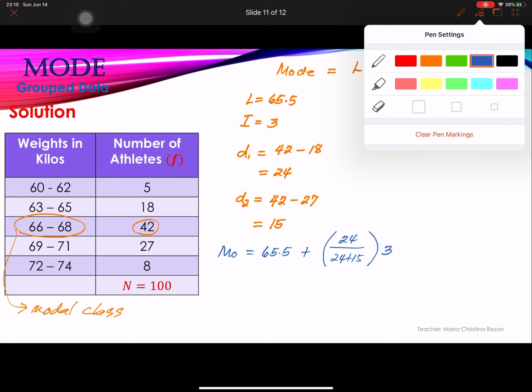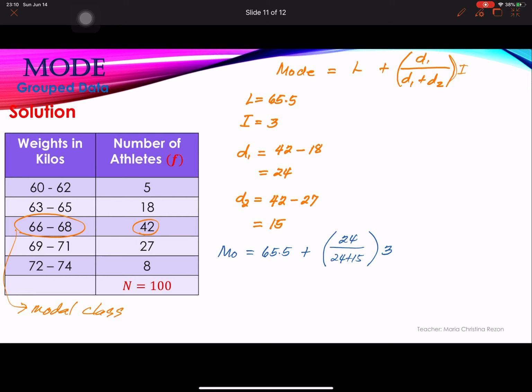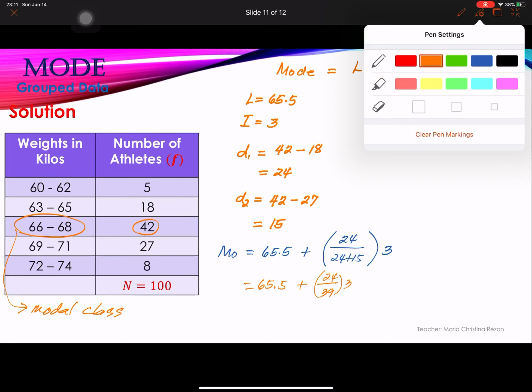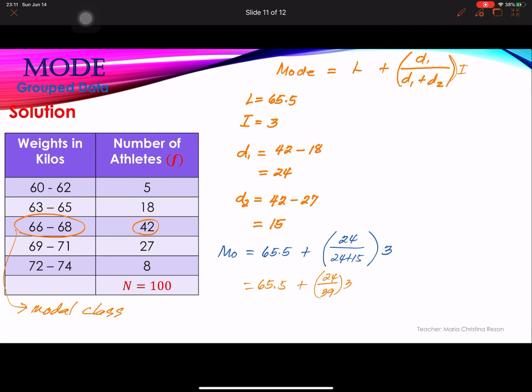Then let's do some arithmetic here. That is equal to 65.5 plus 24 over 39 times 3. If you simplify that further, you can divide by 13.